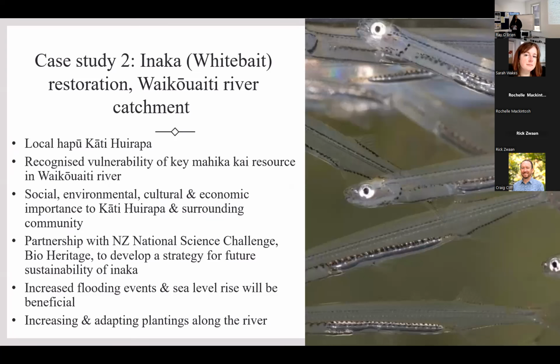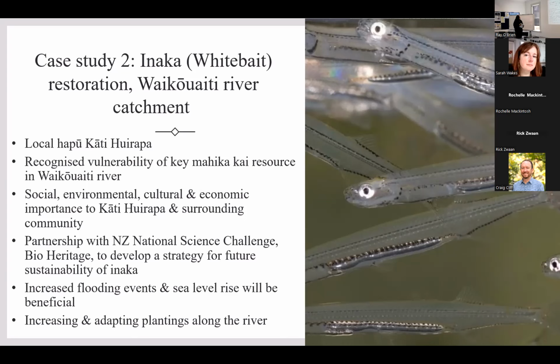So moving on to our second case study, which is grounded in New Zealand. Katihuirapa is a local hapū that is working on inaka restoration in the Waikuaiti catchment. This is because there's a growing vulnerability for mahika kai and because of the decreasing wetlands. So inaka holds social, environmental, cultural and economic importance to Katihuirapa and surrounding communities.